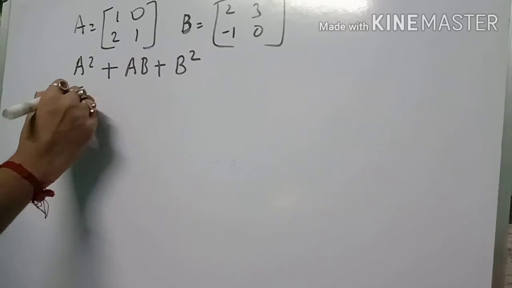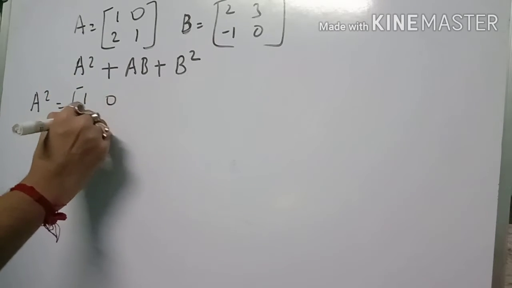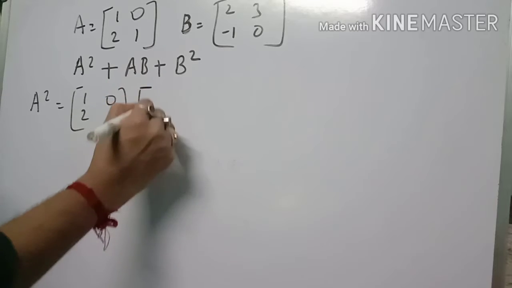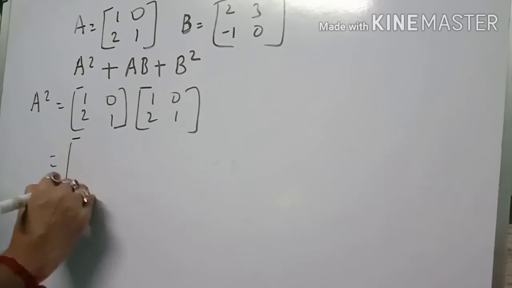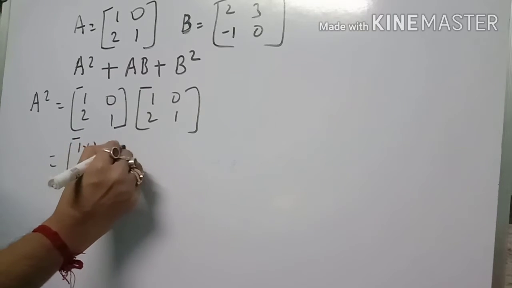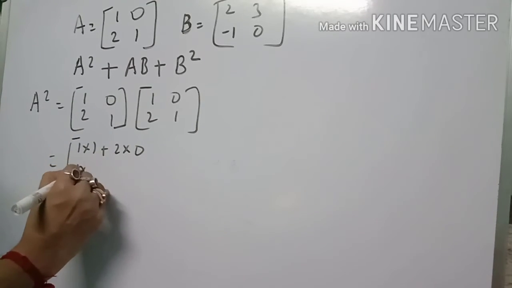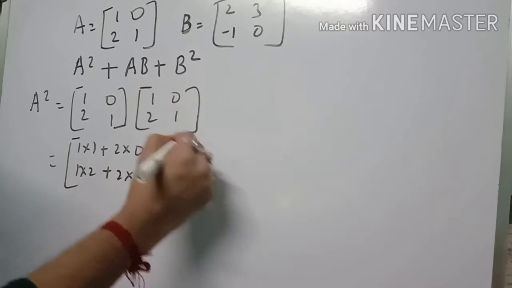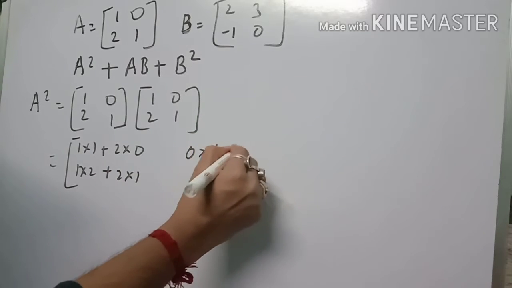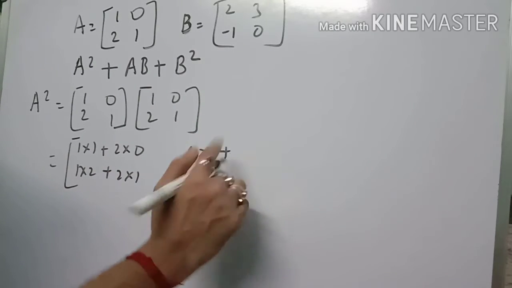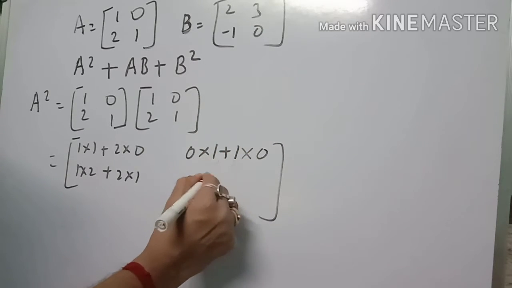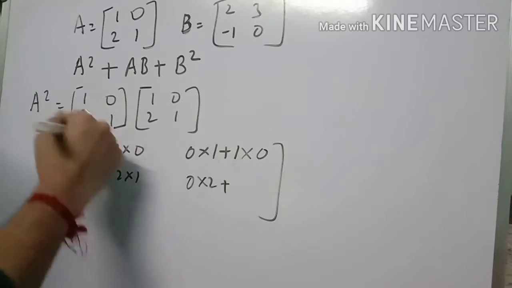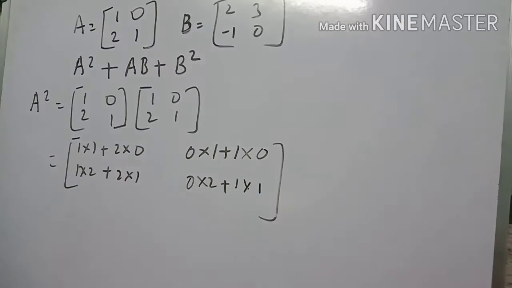Okay, let us do A square first. 1 0 2 1 into 1 0 2 1. We are going to get 1. I'm not explaining the step because it's almost the same.